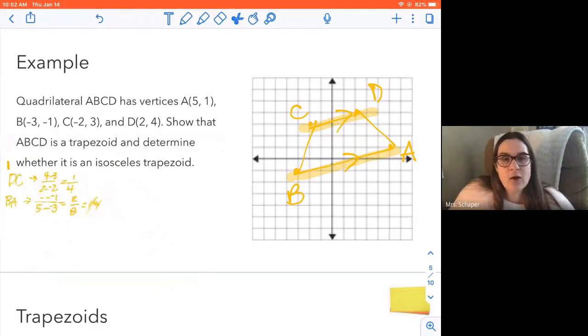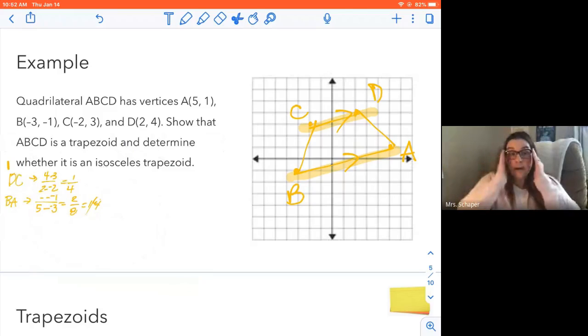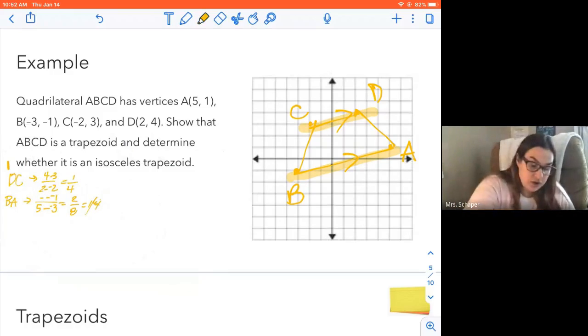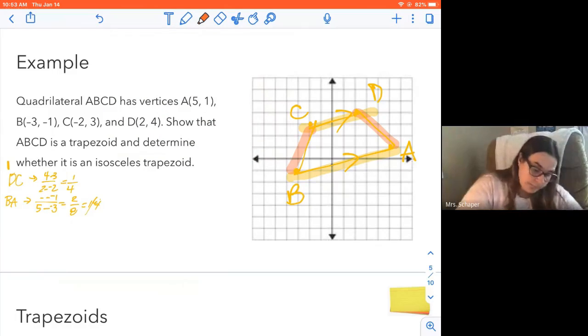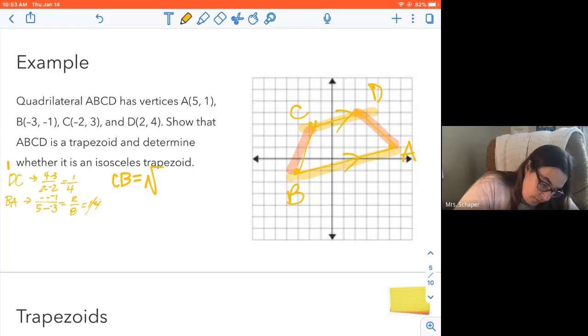All right, so now we need to know if it's an isosceles trapezoid. So we're going to check to see, are these two sides congruent? Do they have the same measurement? So the measurement of CB is equal to the square root of the quantity -3 minus -2 squared plus -1 minus 3 squared.